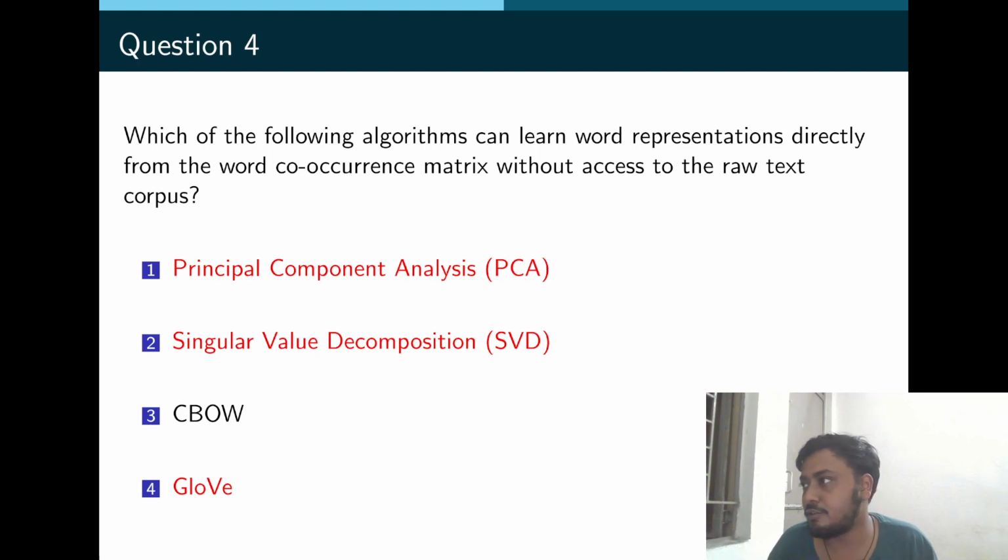So it's not enough to know which word co-occurs with which word. We need to have individual instances of those sentences, and CBOW will then choose each word as the target word one by one, keeping the rest as context and try to predict. So that is why CBOW cannot work with the co-occurrence matrix. It needs to see the raw text, because just the information of who occurs with whom is not enough for CBOW.